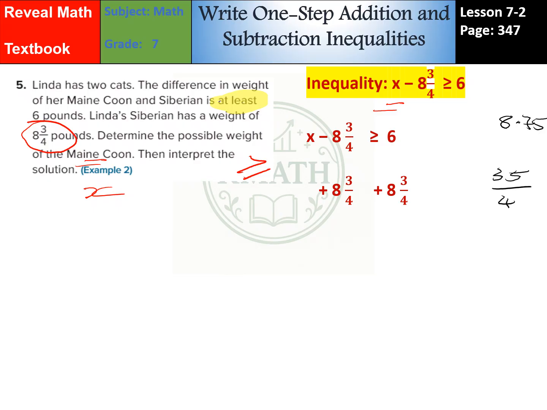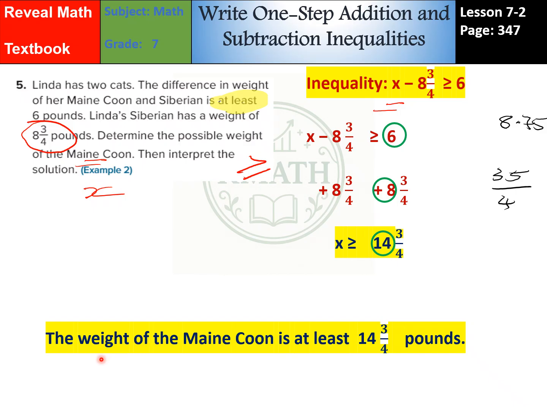Or you can add whole number to whole number and fraction to fraction. There is no fraction on the other side, so the fraction remains the same. We add 6 and 8, which is 14. So x is greater than or equal to 14 whole 3 by 4. The weight of the Maine Coon is at least 14 whole 3 by 4 pounds.